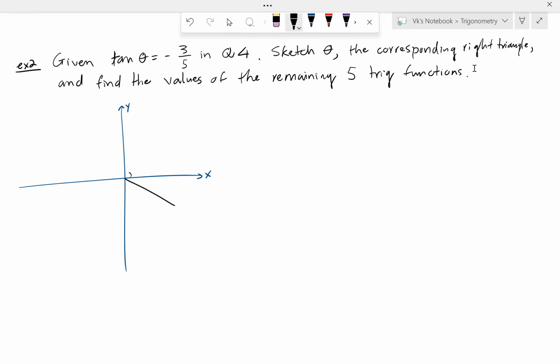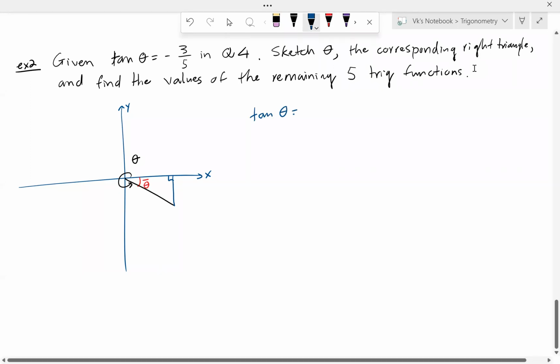Something like this. That is the angle theta. We have the corresponding right triangle. This angle right here is theta bar. Tangent of theta is negative 3 over 5.